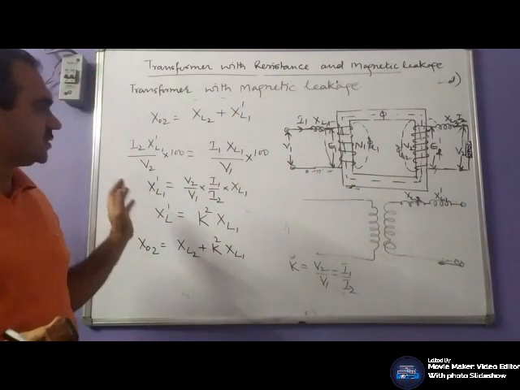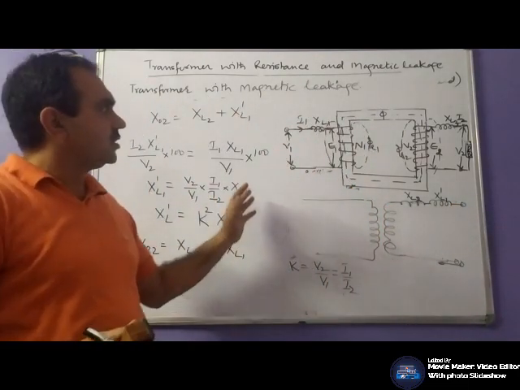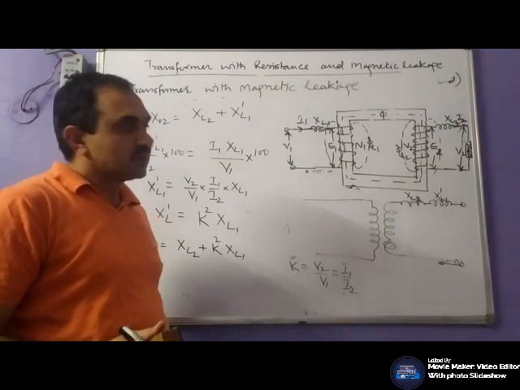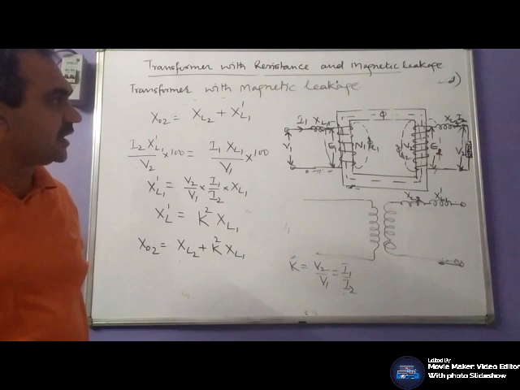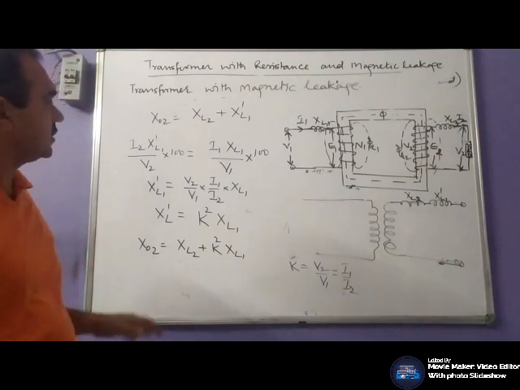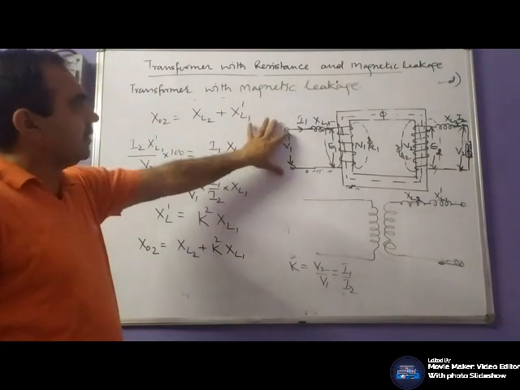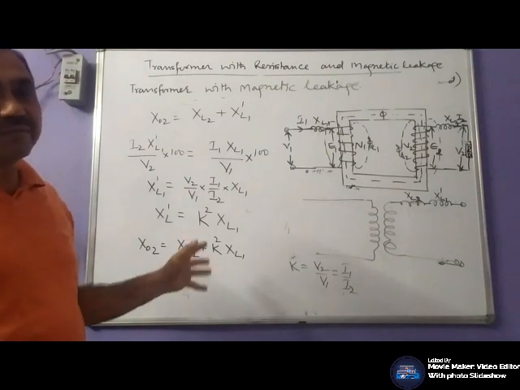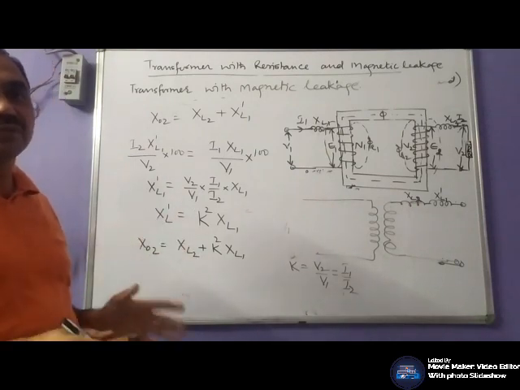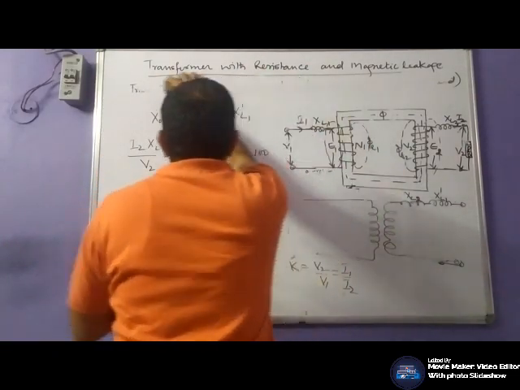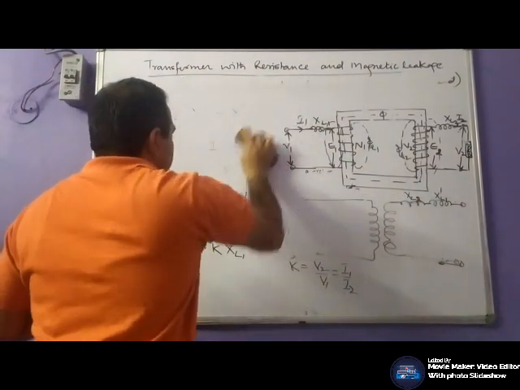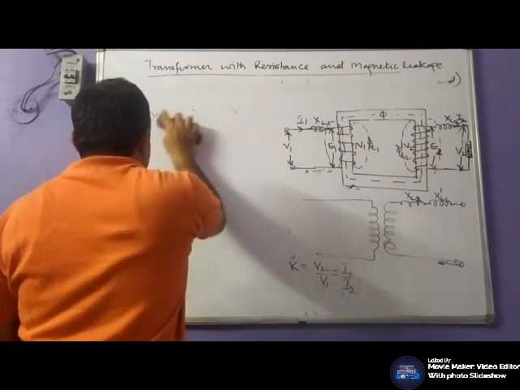So we can just transfer these parameters to the other side. We will consider these resistances and the magnetic leakage of the transformer simultaneously, and then we will draw the phasor diagram for the actual transformer. Now we will consider a transformer with resistances and magnetic leakage.